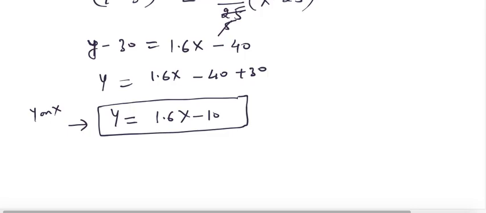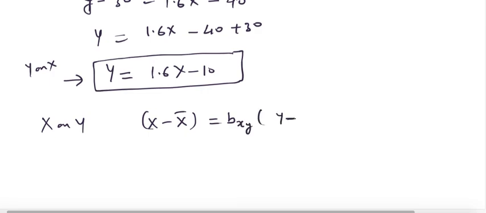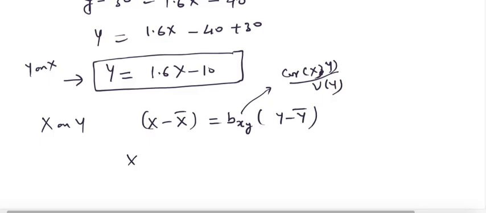In the same way, we can find x on y. X on y means x minus x bar on one side, b of xy times y minus y bar. So we know that b of xy is equal to the covariance of x and y divided by the variance of y, and we have already calculated x bar is equal to 25.